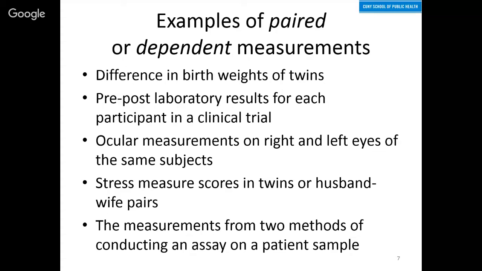Some sort of measurements between twins or husband-wife pairs, or 2 different methods of making a measurement on the same specimen. So, 1 specimen, 2 different ways of making a measurement on it, and you're comparing whether they're the same. These are all examples of paired dependent measurements.